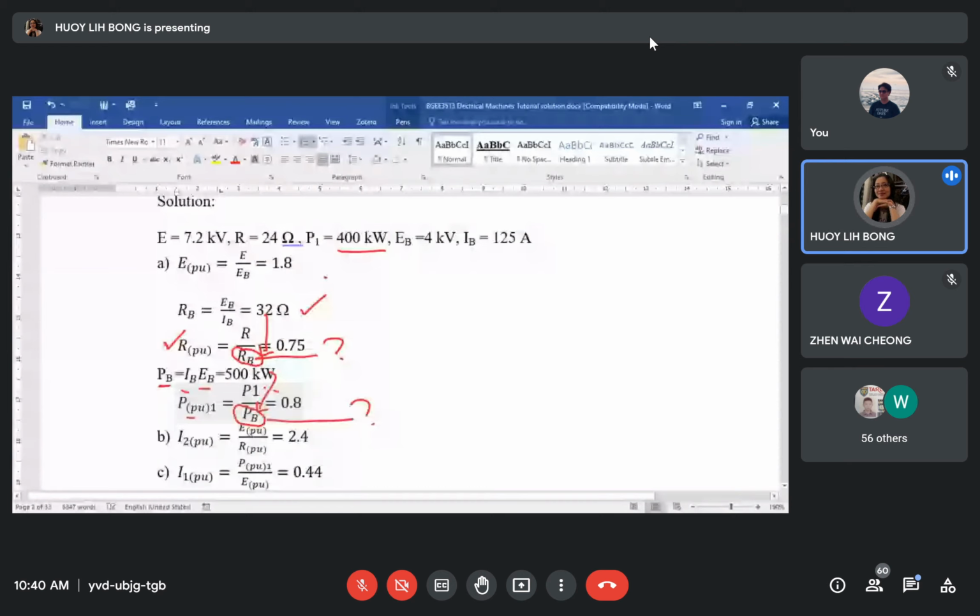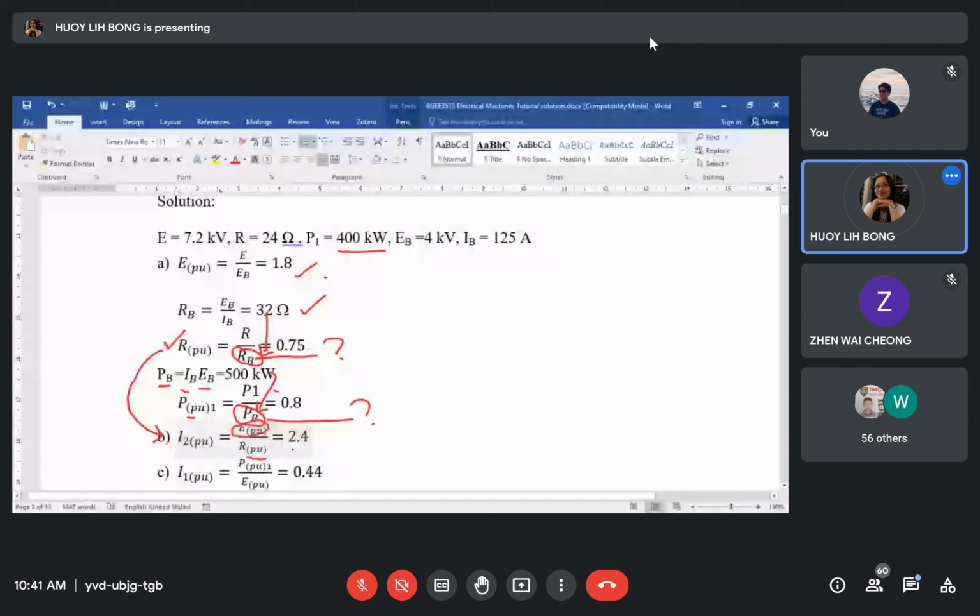For the current I2, you can use Ohm's law. Since it's parallel, the voltage is the same. We already know the per unit voltage and the per unit resistance we found, then just substitute in. You will get the current at the resistance side per unit.